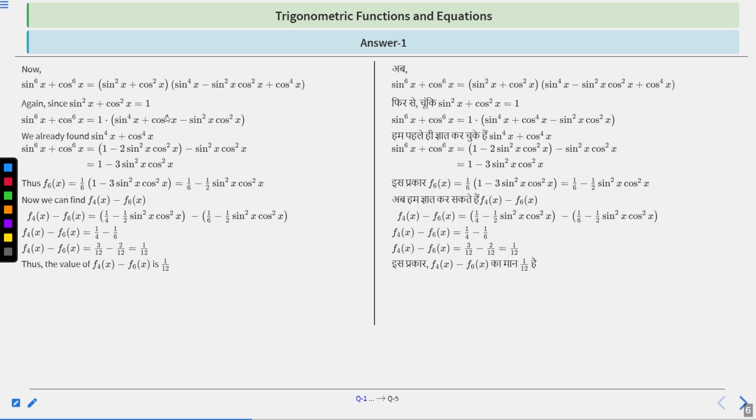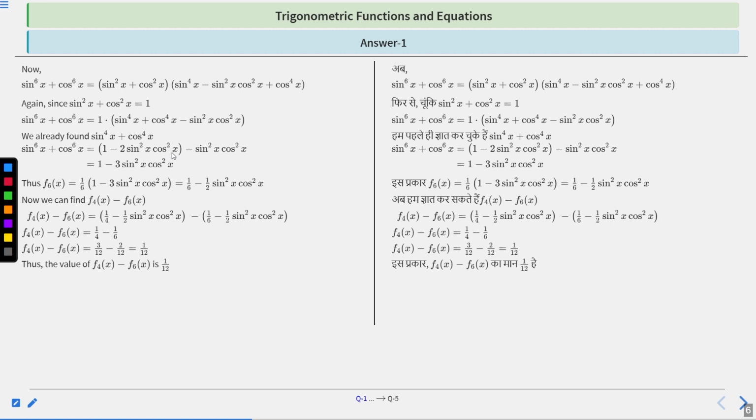Therefore, sin^6 x plus cos^6 x is equal to (sin square x plus cos square x) into (sin^4 x minus sin square x cos square x plus cos^4 x). Again, since sin square x plus cos square x is equal to 1, sin^6 x plus cos^6 x is equal to 1 into (sin^4 x plus cos^4 x minus sin square x cos square x).